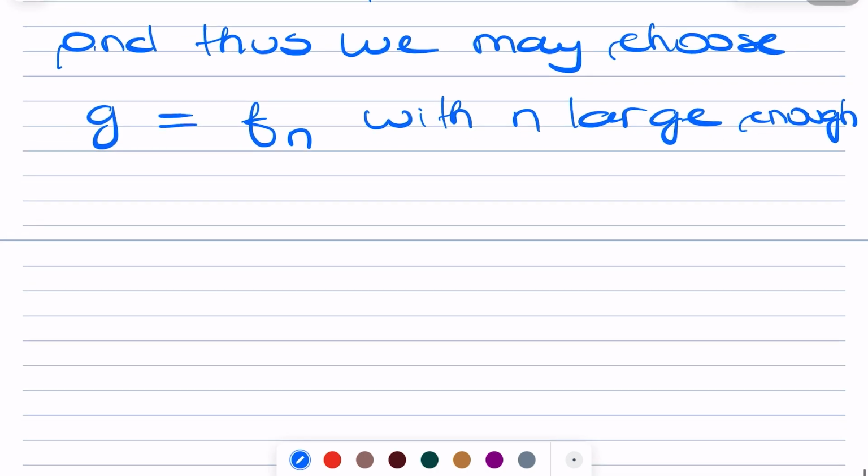And our compact set that we are looking for will just be the closed ball, because in Rn, closed and bounded is equivalent to compact.